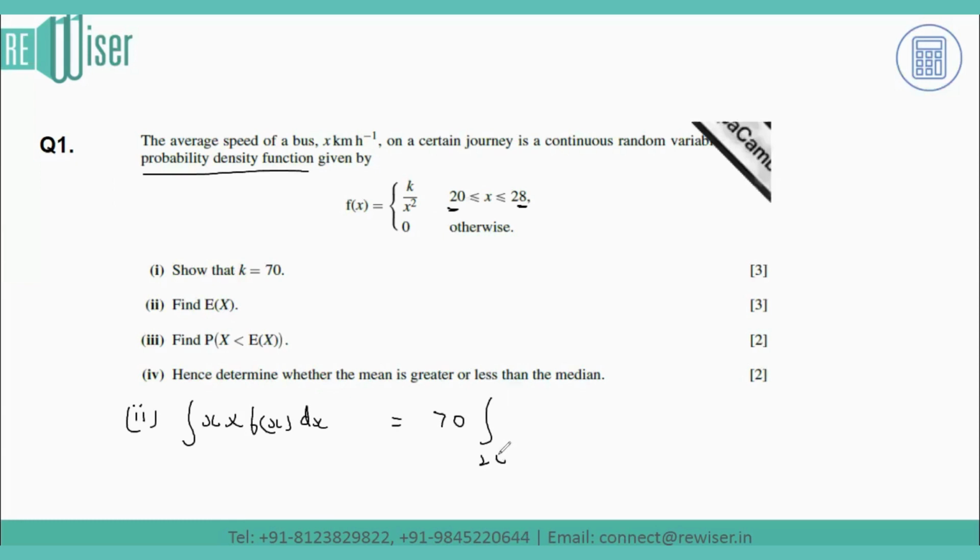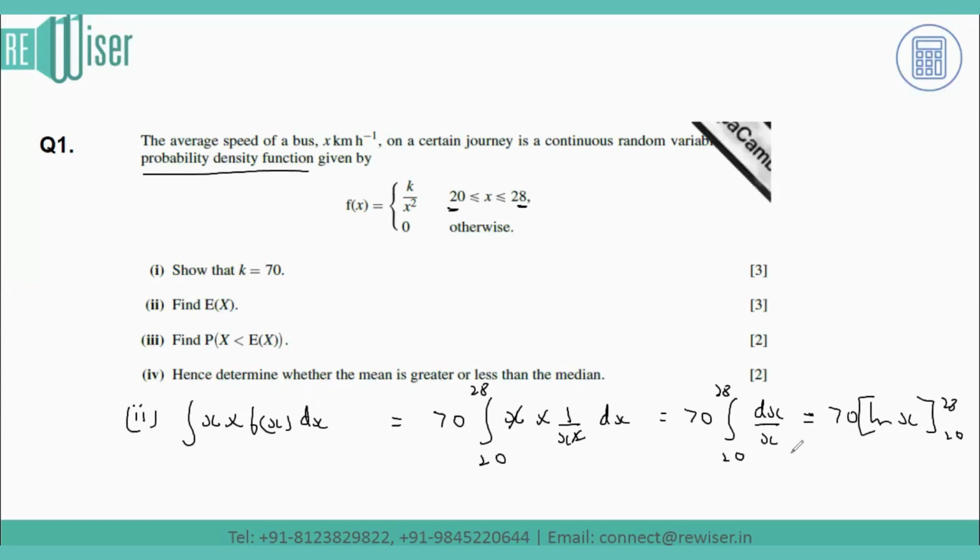So the lower limit will be 20, the upper limit will be 28, and x into f(x), which is 1 by x squared dx. We can see that one of the x gets cancelled, so we are left with 70, integral 20 to 28, dx by x. If you apply the integration formula, that should be ln x ranging from 20 to 28.